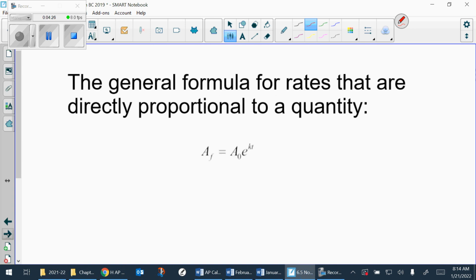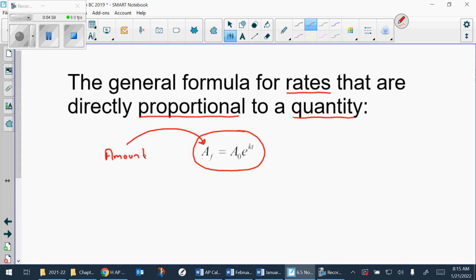Because when we solve one of these situations where the rate is proportional to the quantity, whenever the rate is proportional to the quantity, the solution to the differential equation is going to look like this, where this A sub f means the amount in the future.